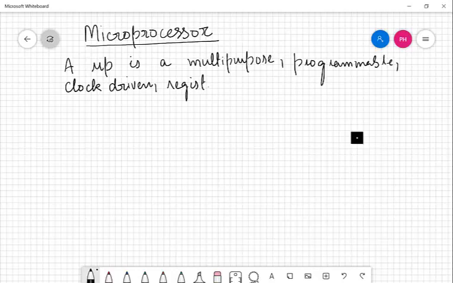These are all properties of microprocessors, and we are going to define and explain each one of them one by one.